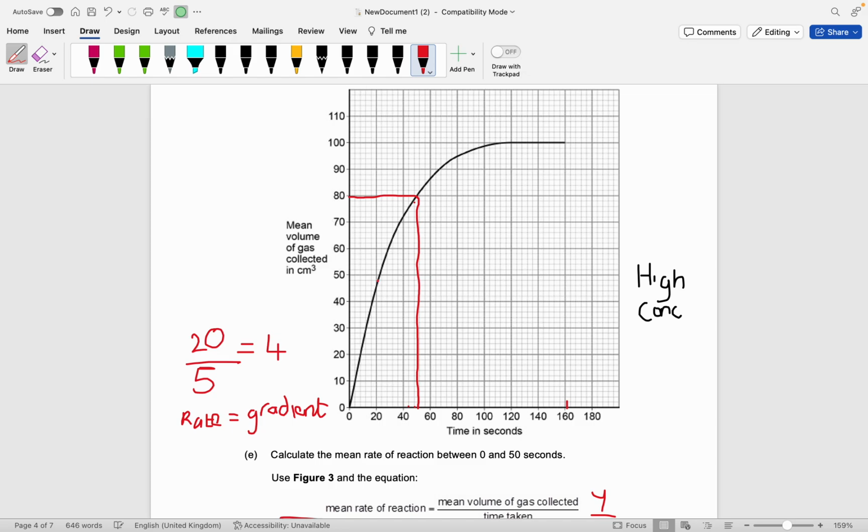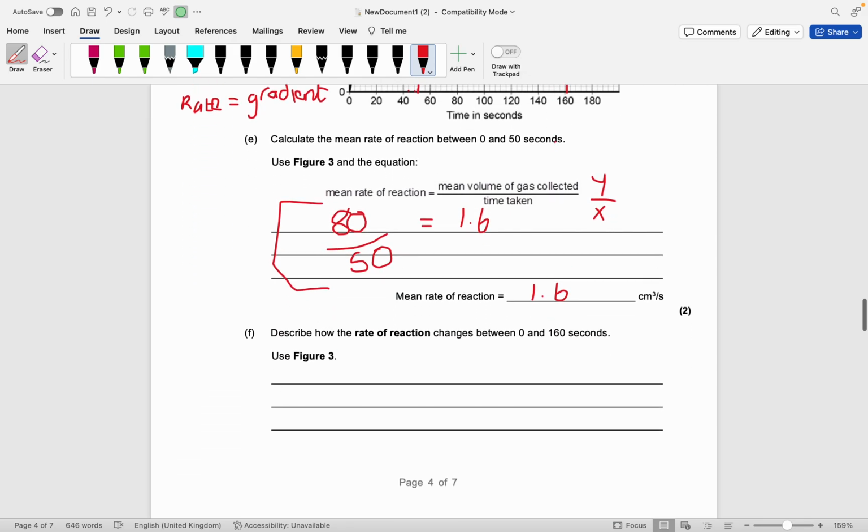Between say 20 and 80 seconds, that really starts to slow down because the gradient gets less steep. And then as we reach 120 seconds here, we are no longer collecting any more gas, even though time is still going on. So we've reached 100 centimetres cubed of gas and we're not continuing to collect any more, so we can see that the rate has actually stopped there, the reaction's stopped.